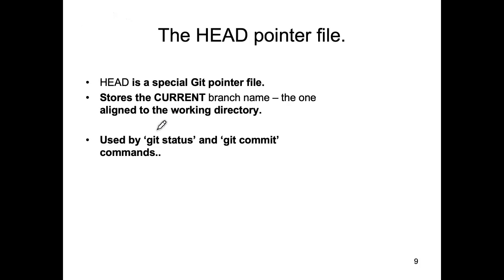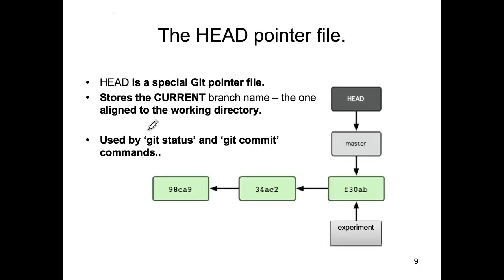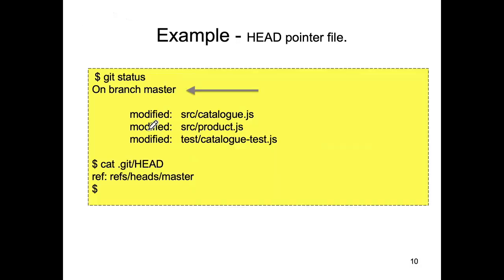Sorry for jumping back and forward in the slides. In this scenario, git status says on branch master. And if I just do a cat operation, as I said, cat is just an ordinary Mac command for displaying the contents of a file. Don't know what the equivalent is in Windows.